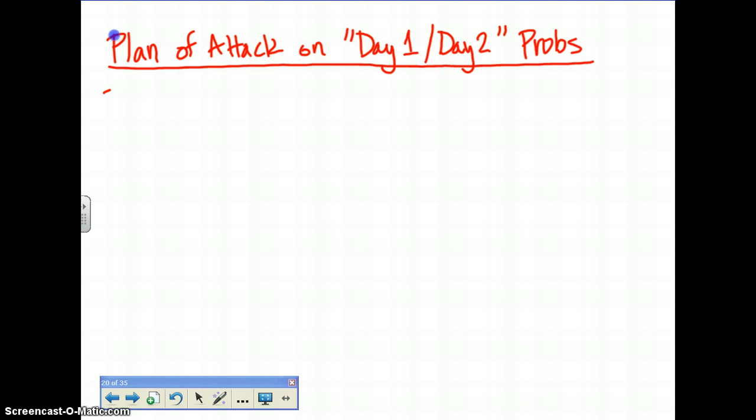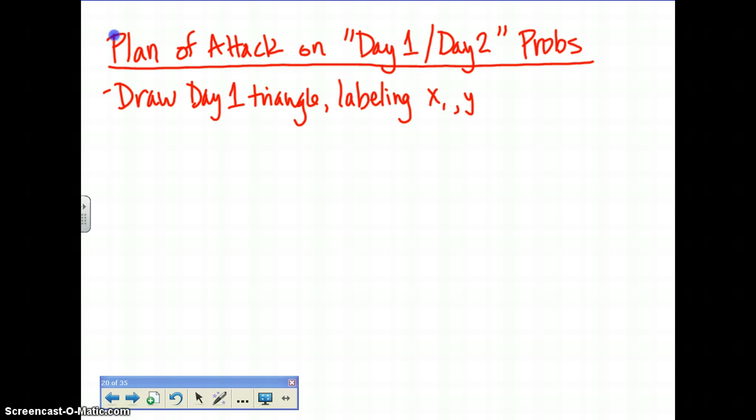Okay, so you're going to draw the day 1 triangle, labeling x1, y1, and resultant, and theta. And then you're going to solve for x1 and y1 by doing your resolving vector stuff.